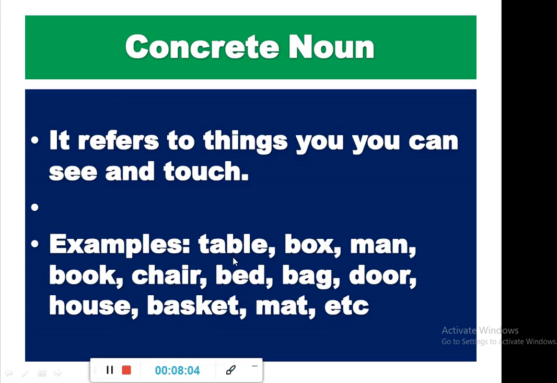Now you can touch a table, you can see a table, you can touch a box, you can see a box. The same thing applies to man, book, chair, bed, bag, door, house, basket, mats. You can mention other concrete nouns, things that you can see and touch. They are all known as concrete nouns.